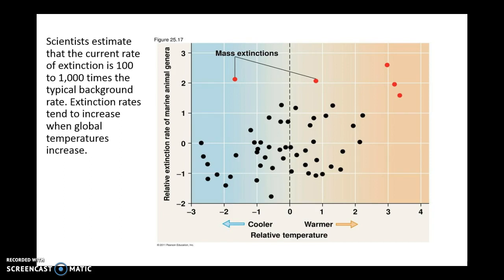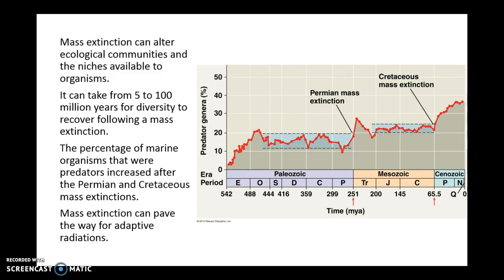In terms of global warming, extinction rates tend to increase when temperatures increase. And this raises the possibility of extinction by huge mathematical percentages. Mass extinctions alter communities, clearly. If you don't have the major predator in the area, certainly that's going to change communities.